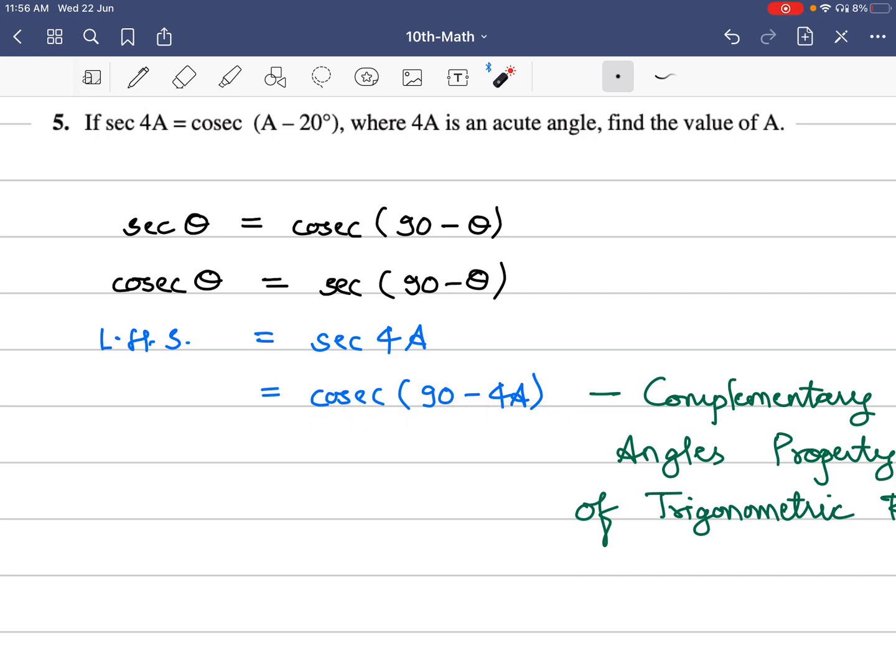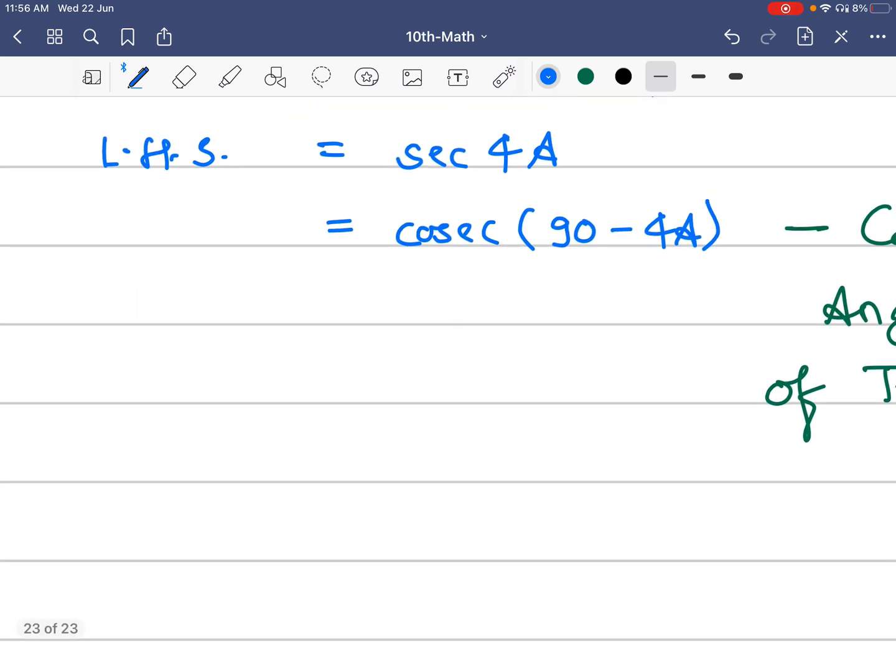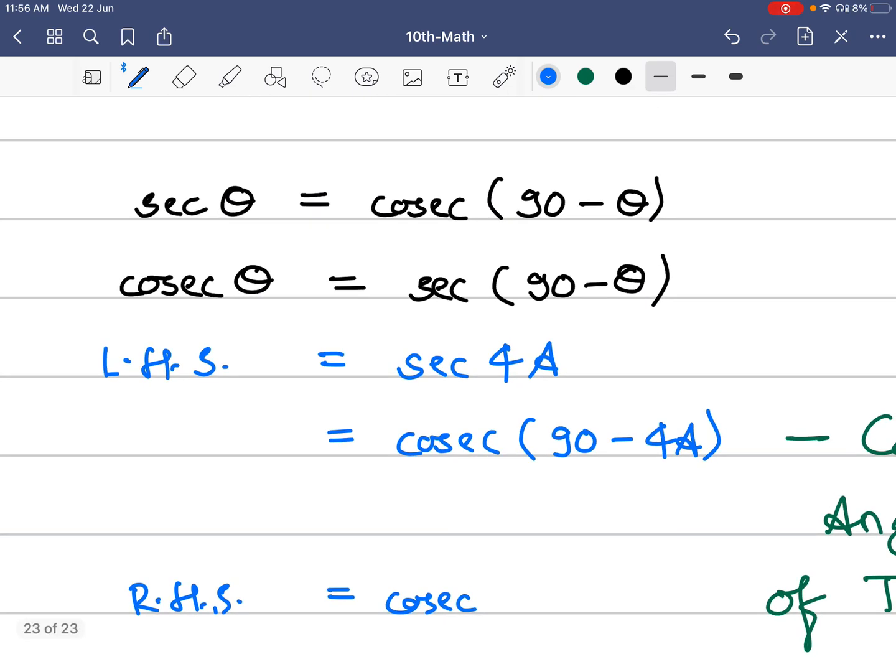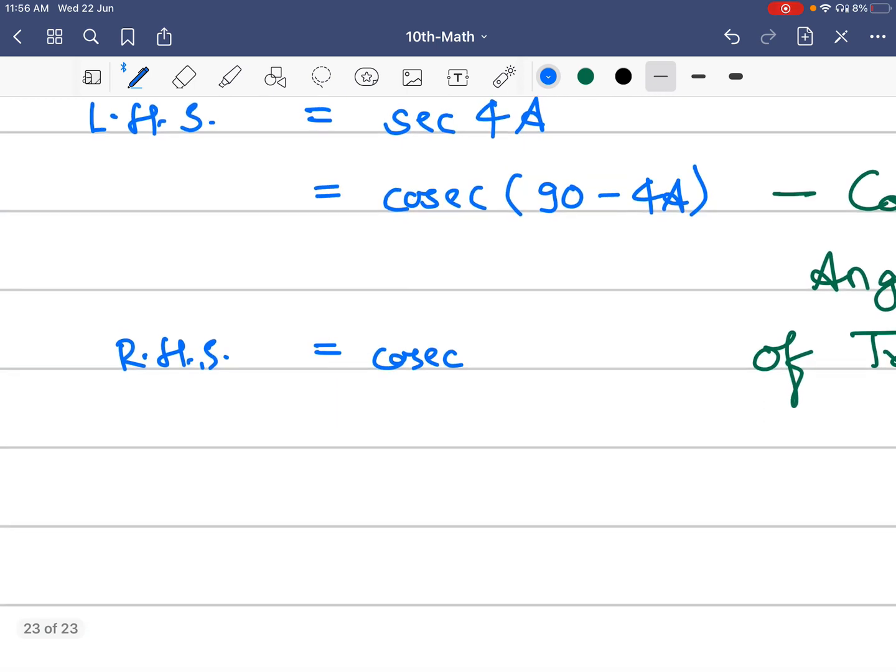Now what is my RHS? RHS is also in terms of cosec, let's write it down. RHS is also equal to cosec of A minus 20. So here it goes, cosec of A minus 20. Now we have left hand side in terms of cosec, we have right hand side in terms of cosec. So let's bring them opposite to each other.